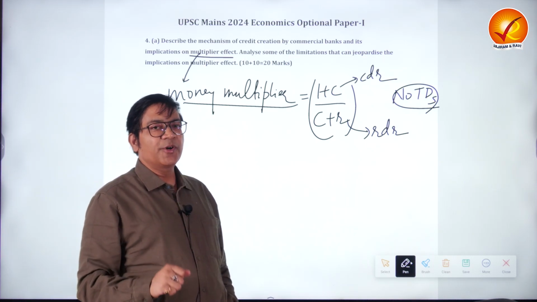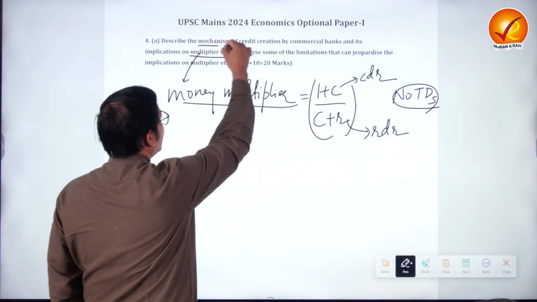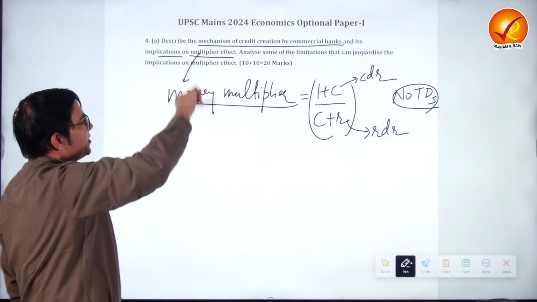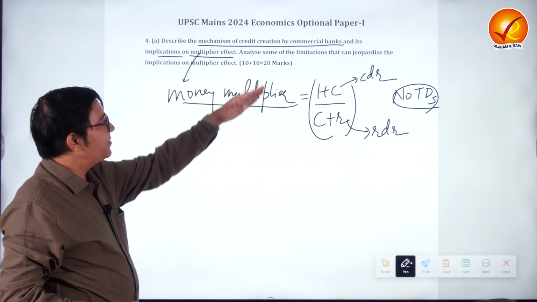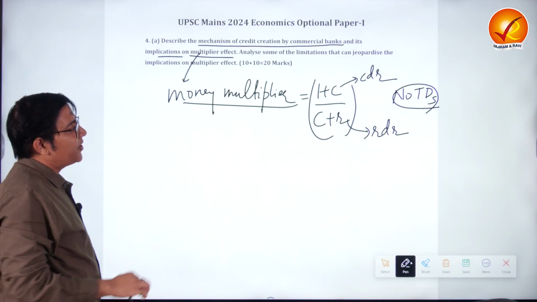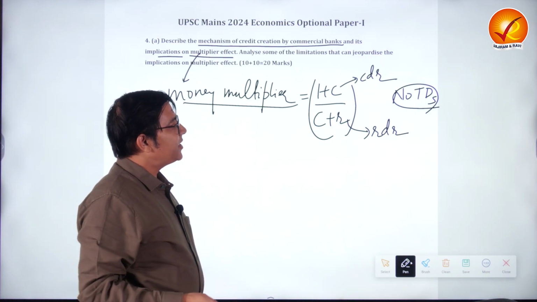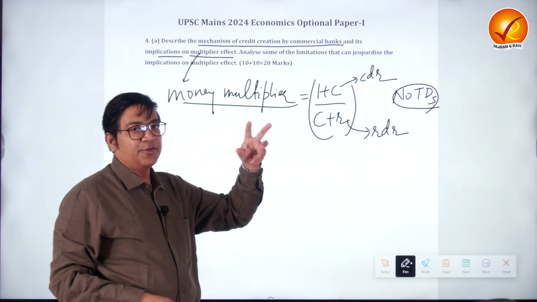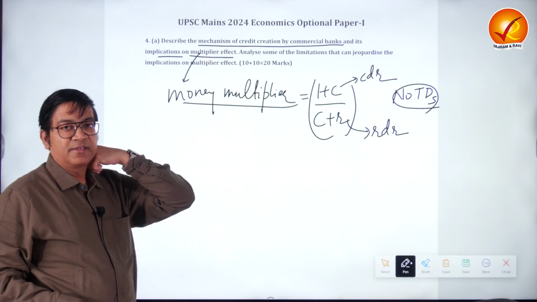But I feel the main focus of the question is elsewhere. The question is asking the mechanism of credit creation by banks has implication on money multiplier, and that is also only for 10 marks. The other one is for the other part. So I think here you should be as brief as possible. One way is that you can pick up the variables from here itself and discuss how these variables determine the credit creation.